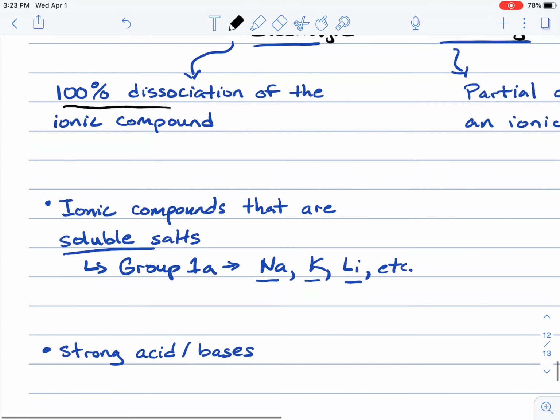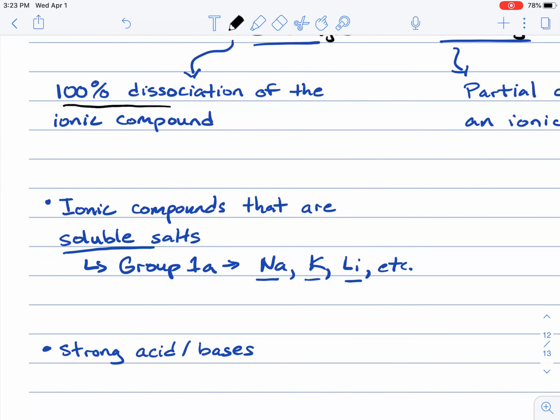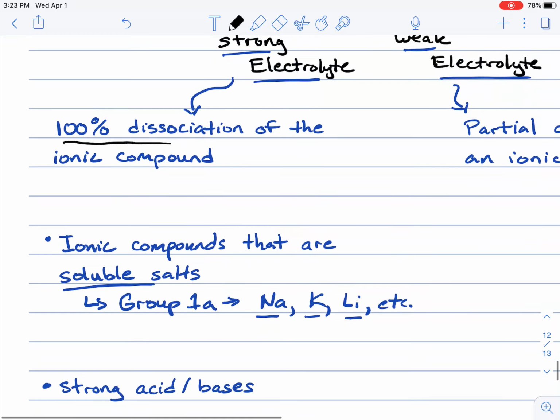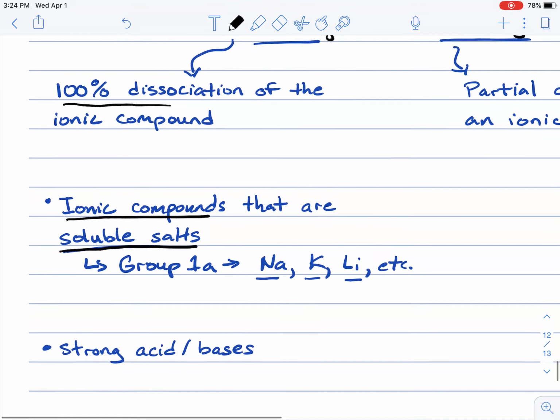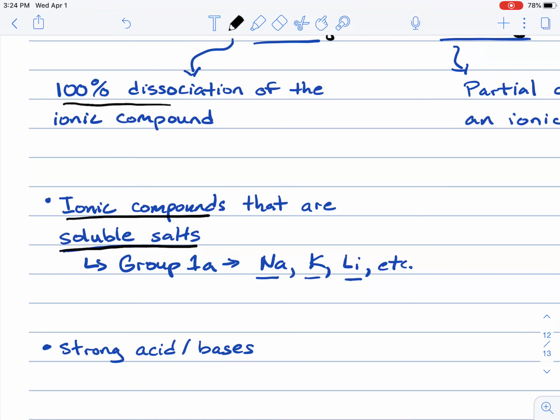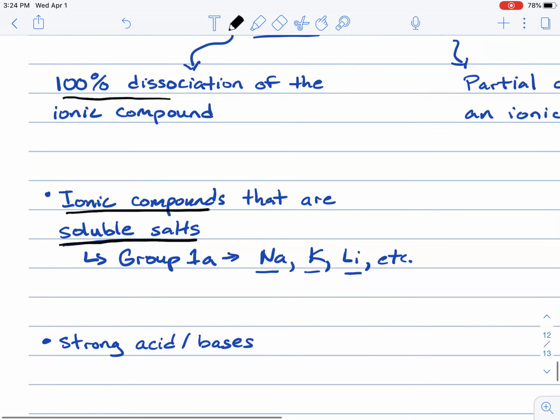Some examples of strong electrolytes are ionic compounds that are classified as soluble salts. If you take out your solubility rules, you can use those solubility rules to help you identify which ionic compounds could be a strong electrolyte.